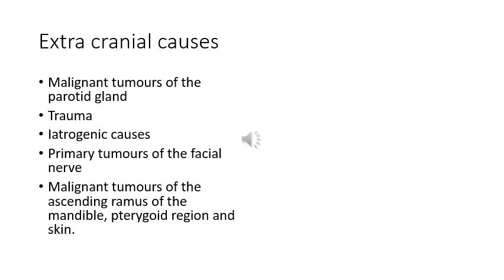Then primary tumors of the facial nerve and malignant tumors of the ascending ramus of the mandible, pterygoid region and the skin. So all kinds of tumors. So these tumors are considered as the extracranial causes of Bell's palsy.